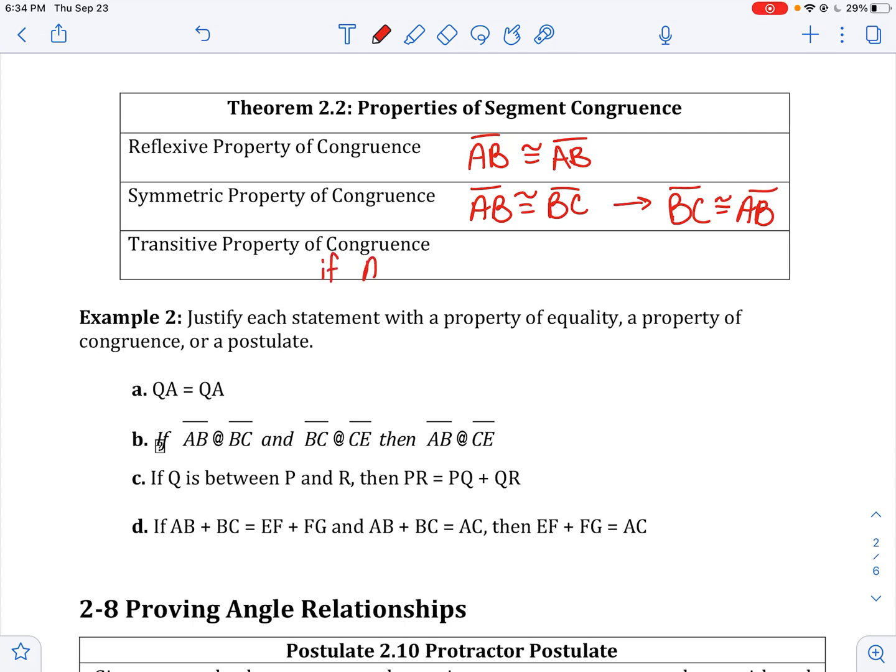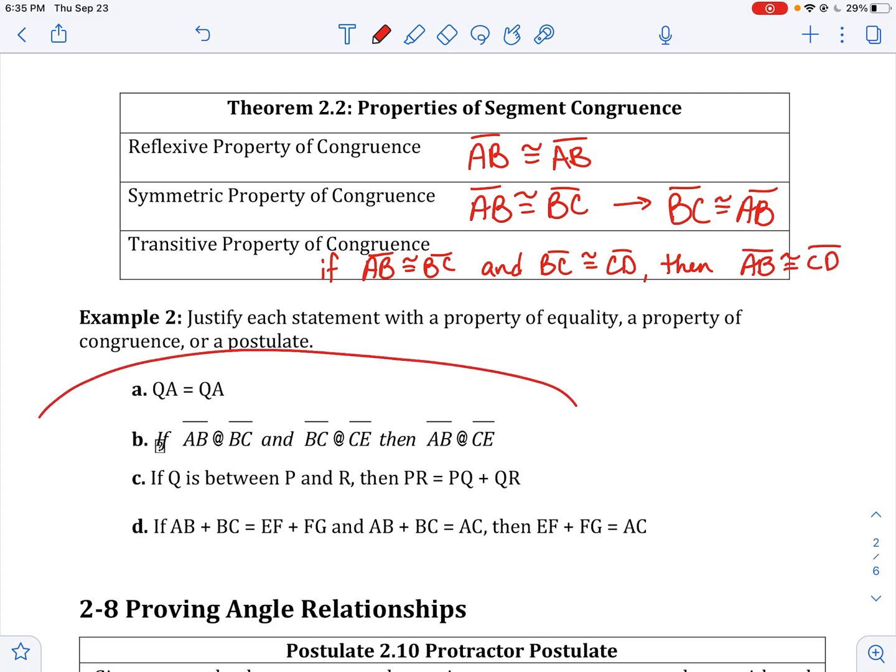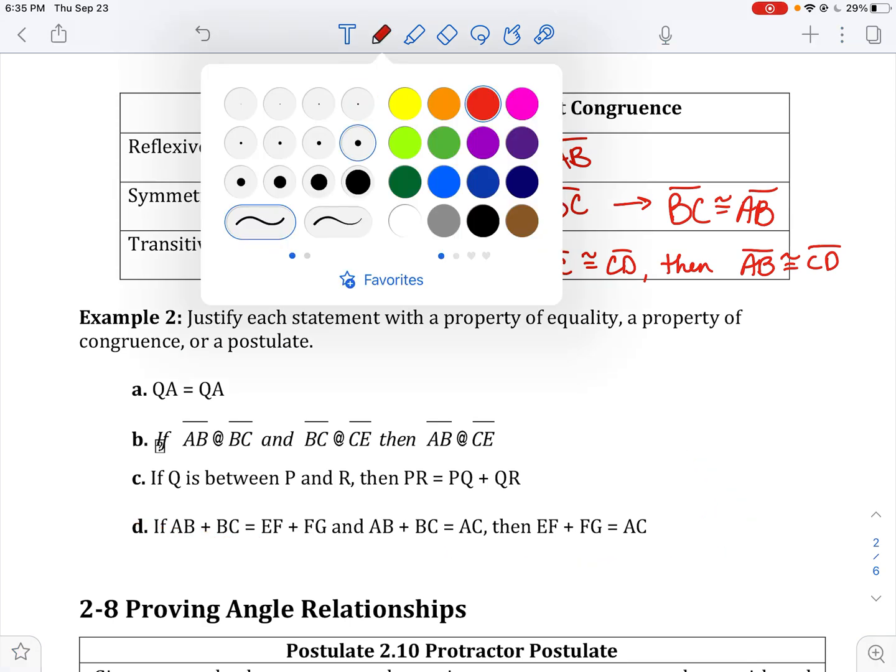And the transitive property says that if AB is congruent to BC and BC is congruent to CD, then AB is congruent to CD.